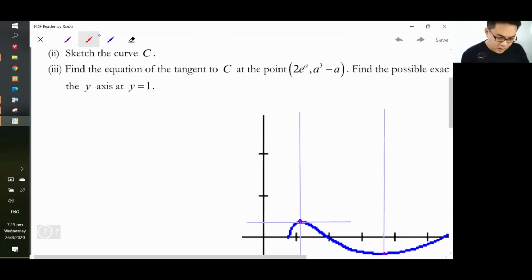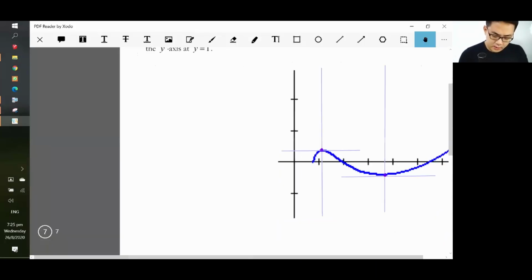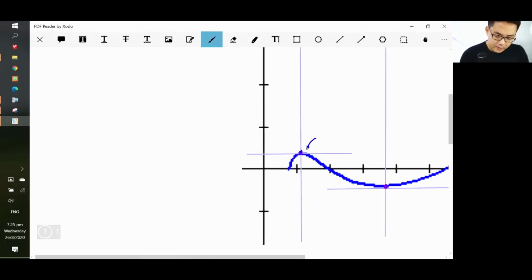So this case here would mean that this is actually the normal. M normal tends to infinity, so M tangent tends to 0, is equal to 0. Same thing.